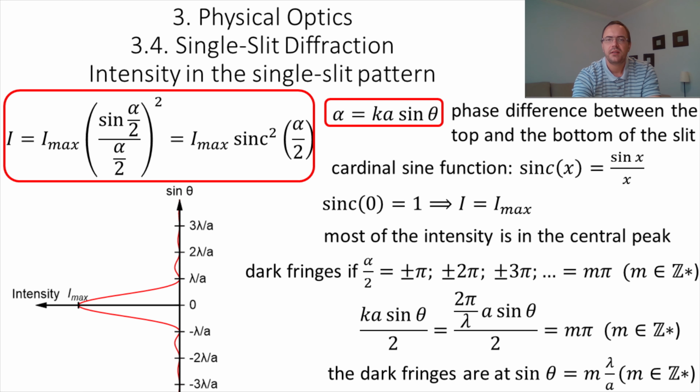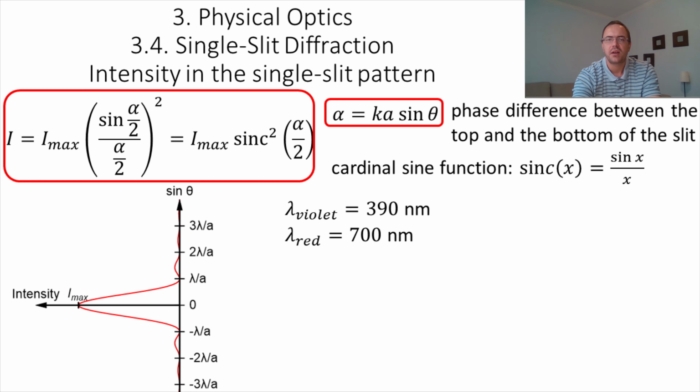Now, let's compare different types of wavelengths. Visible light waves range from 390 nanometers for violet color to 700 nanometers for red colors. So if you compare these wavelengths to typical objects, a typical object has a size of the order of a meter, then you see that for visible light, lambda is much, much smaller than a typical object.